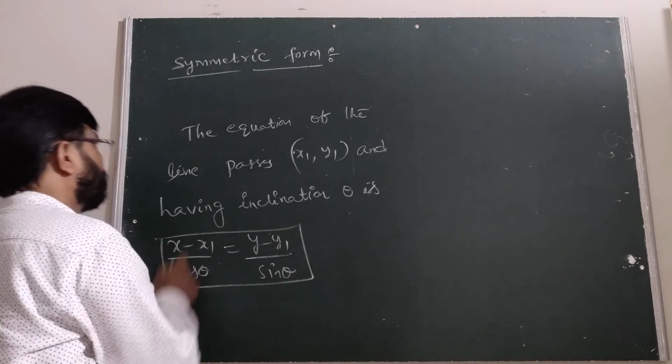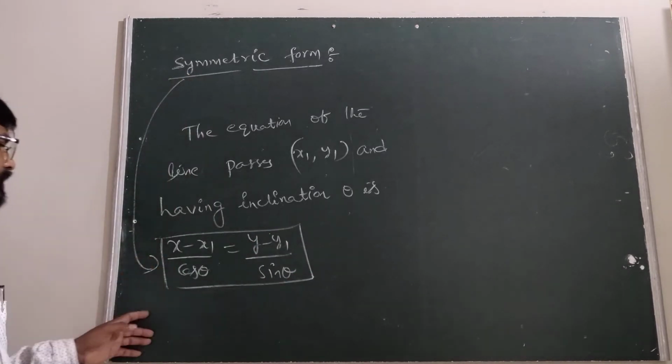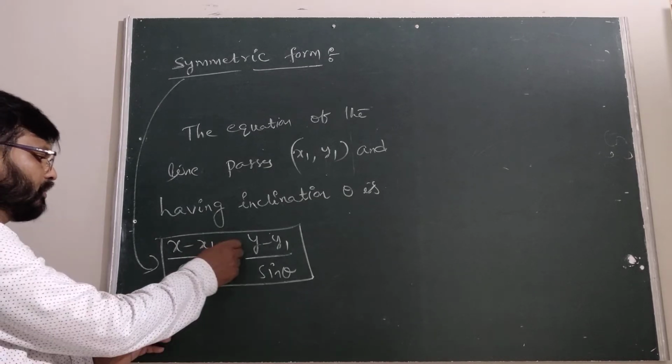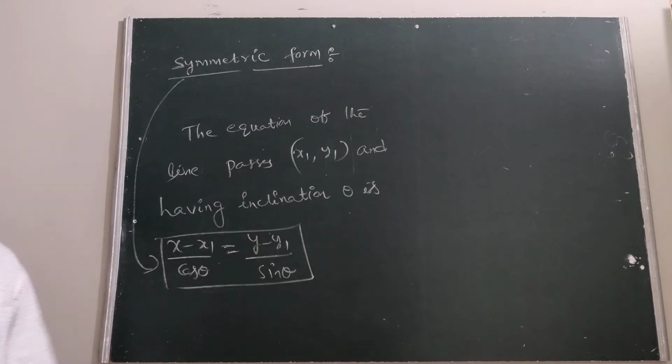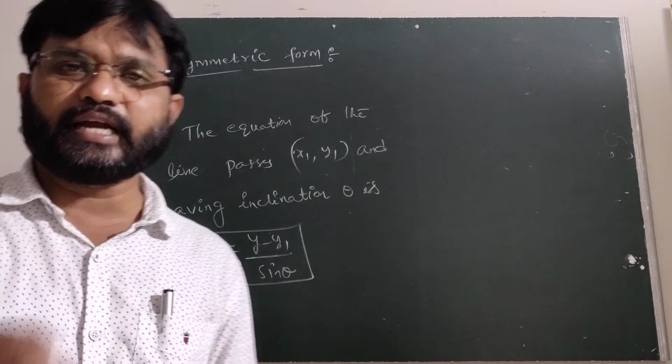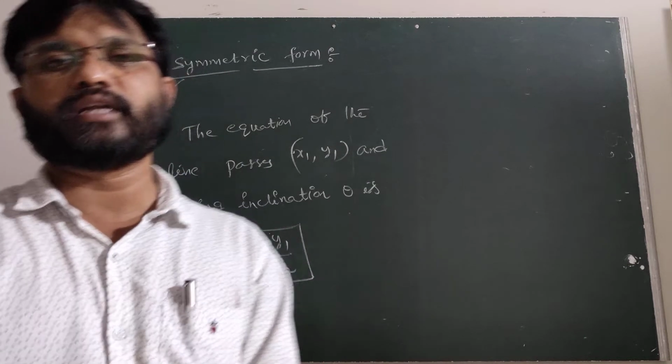This is the symmetric form. If the equation is in the form (x minus x1) by cos theta equal to (y minus y1) by sin theta, it is called the equation of the straight line in symmetric form.